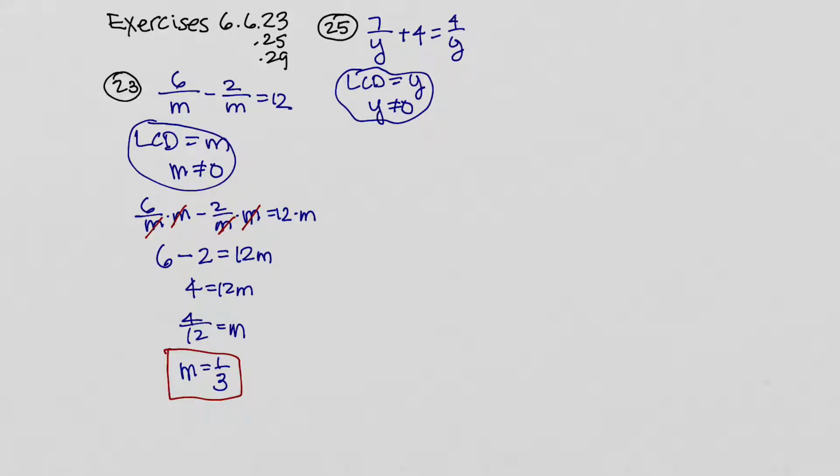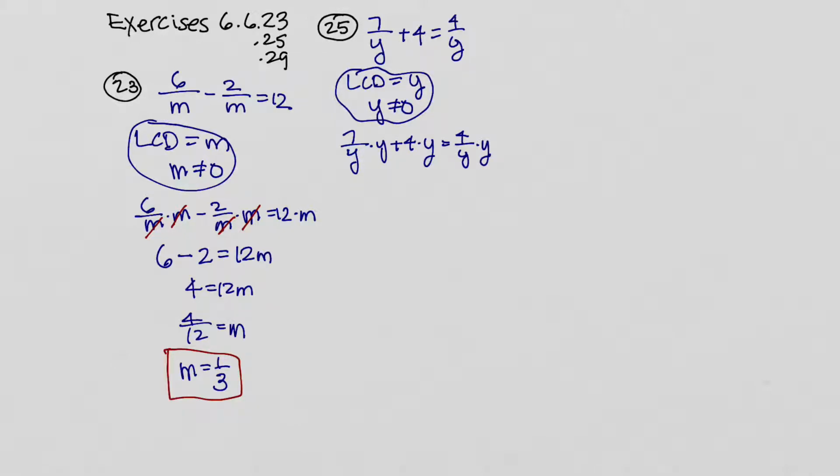And now, according to our general procedure, we multiply everything by the LCD. So I'm going to put the LCD next to every original term right here, and right here. So let's do it. We're going to get 7 over y times y plus 4 times y equals 4 over y times y.